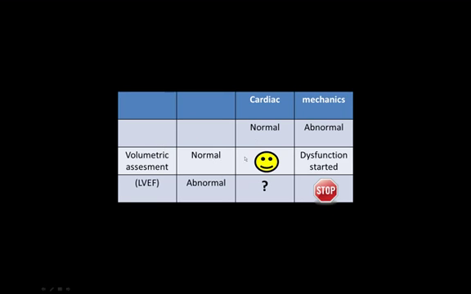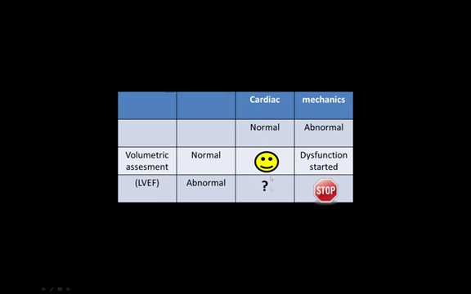When both are normal, we're obviously happy. When the volumetric assessment is normal and the mechanics are abnormal, we're thinking that dysfunction has started at the cellular level, and the earliest we can see it is with mechanical function analysis. And when both are abnormal, obviously there is something going on, and we stop and think.